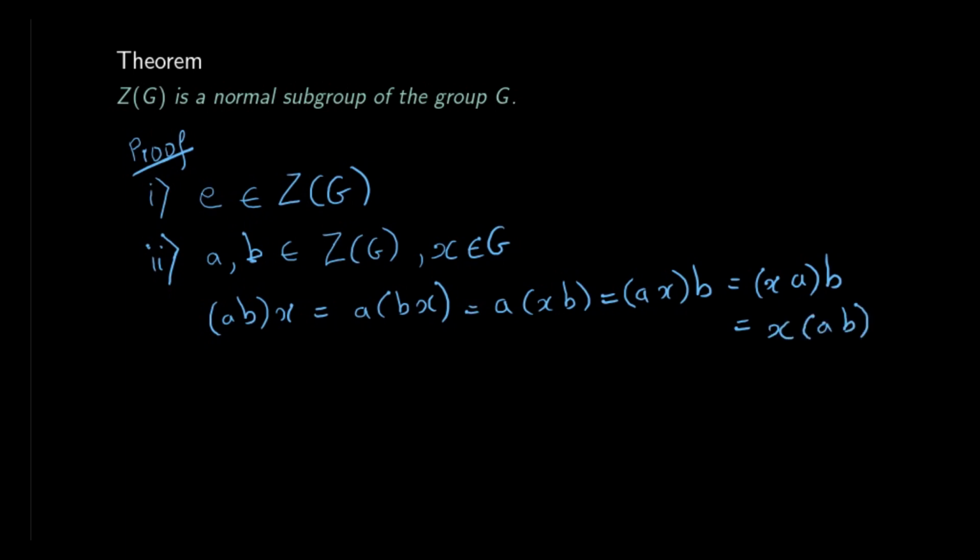So we have shown that given any x inside G, (ab)x is equal to x(ab), which proves that ab lies inside Z(G), and therefore Z(G) is closed under the group multiplication operation.